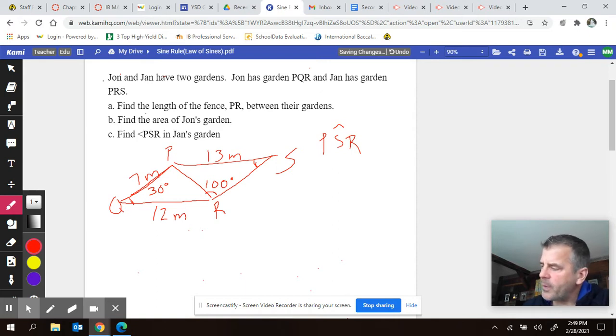Let me look at this real quick. I don't want to mess this up. We have this opposite side here. That's going to be PR.